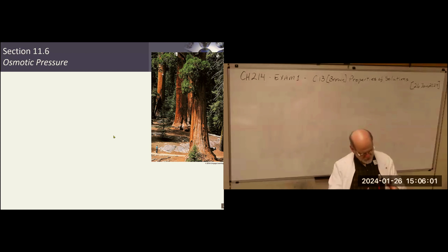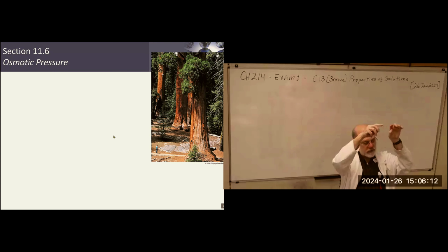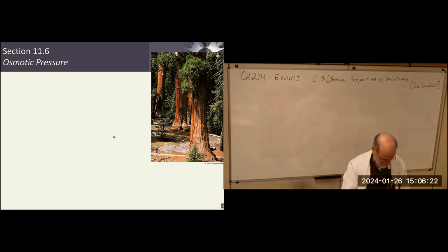Well, if the tree's really small, it's going to make it with atmospheric pressure anyway. So as it gets taller, you still got that column of water, and the water goes into the leaves, and the stomates open and evaporate, and that causes the water behind it to want to fill in the space by, what's the word?